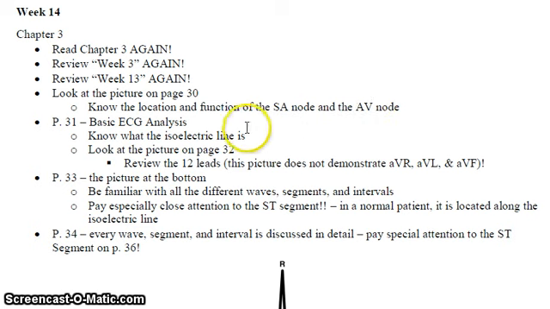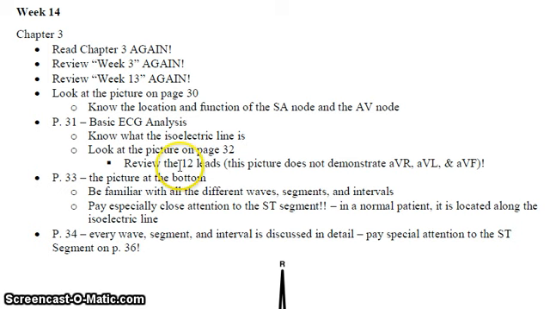Then on page 31 starts basic ECG analysis. You need to know that the baseline is called the isoelectric line. That's just the baseline. And look on page 32, and that reviews the 12 leads.